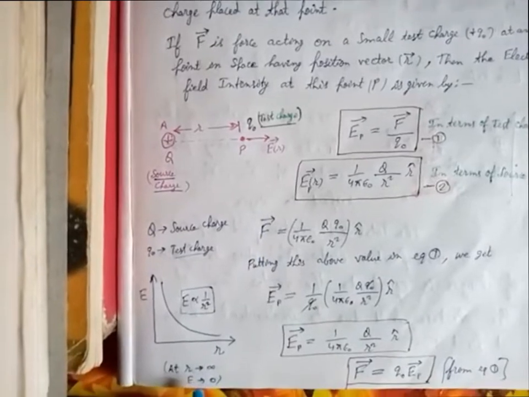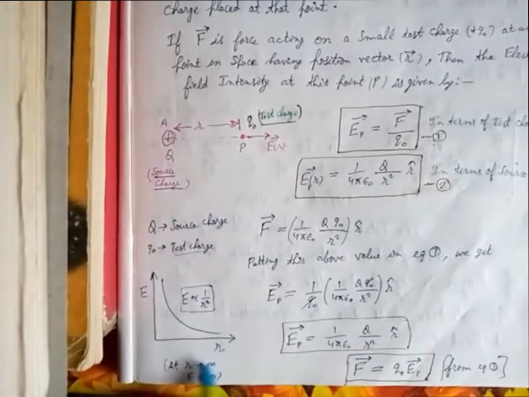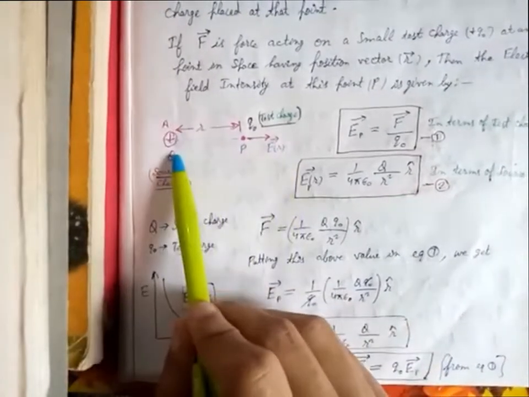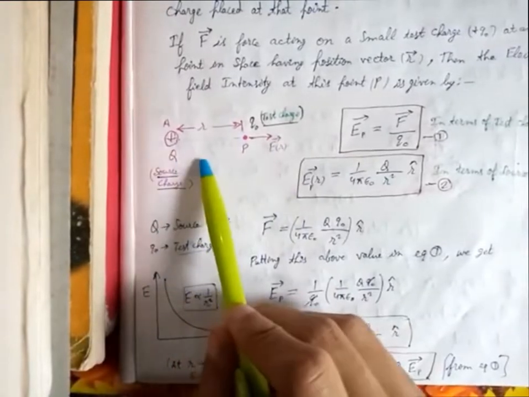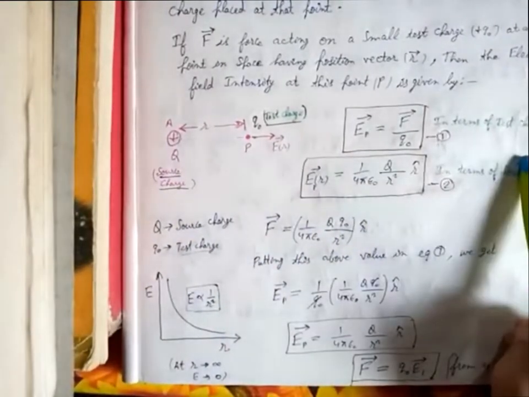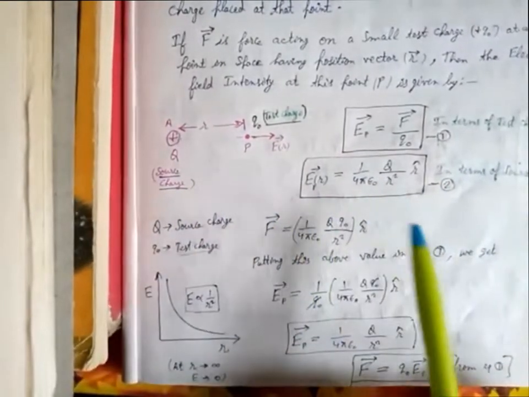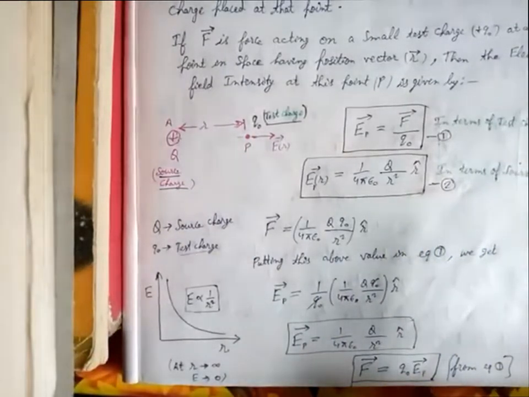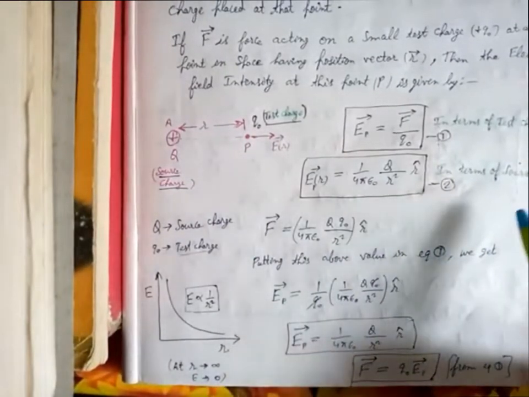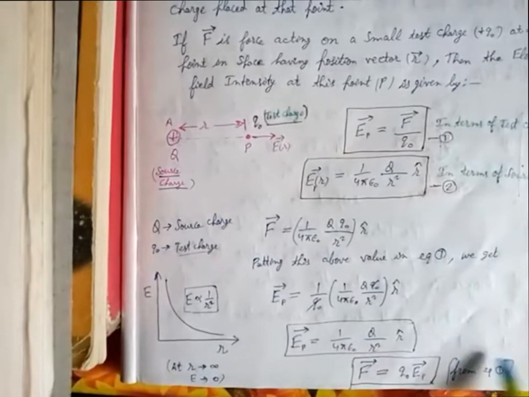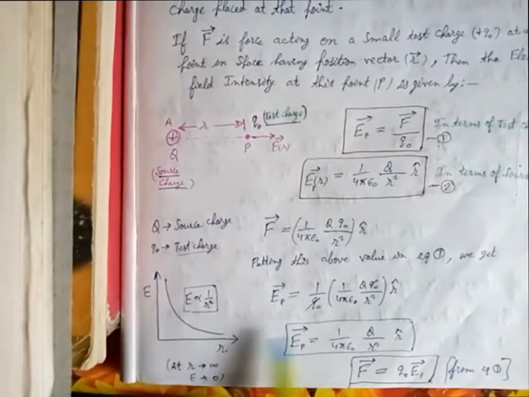So at infinity the electric field will be 0, because as the point is very much farther, the electric field effect gets slower, or it decreases exponentially. So this is the term of the electric field.